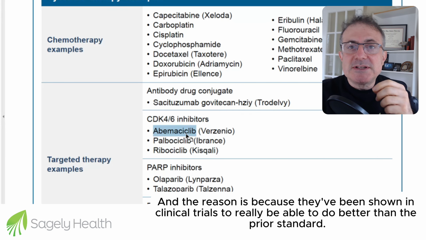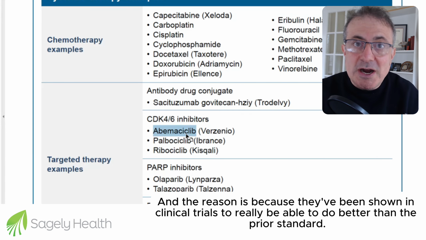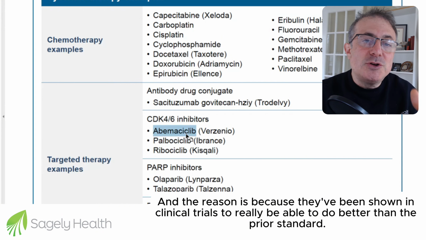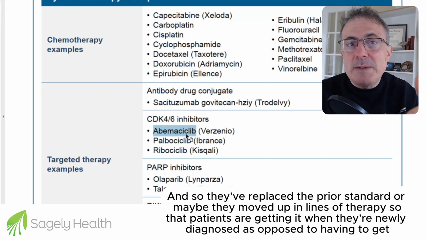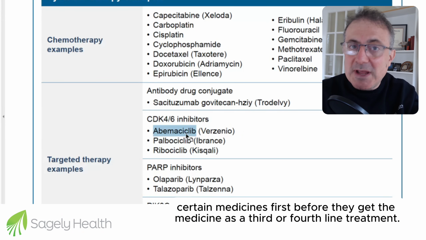The reason is because they've been shown in clinical trials to do better than the prior standard. And so they've replaced the prior standard, or maybe they moved up in lines of therapy so that patients are getting it when they're newly diagnosed, as opposed to having to get certain medicines first before they get the medicine as a third or fourth line treatment.